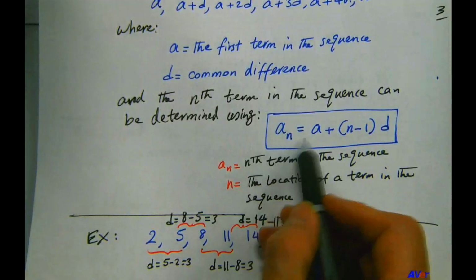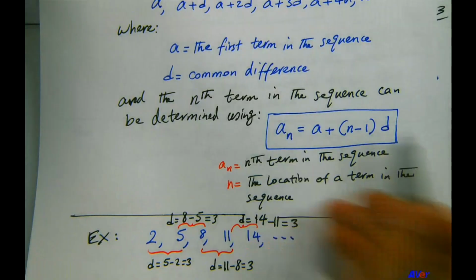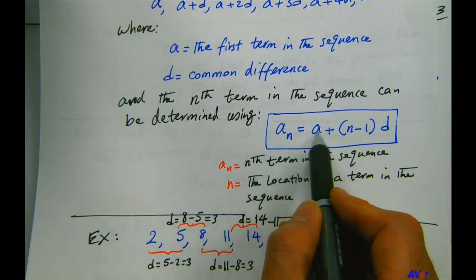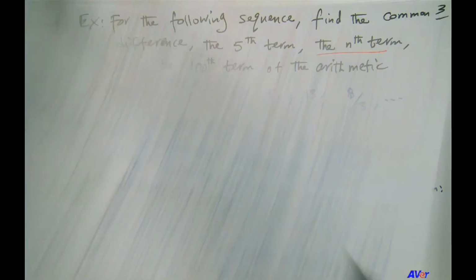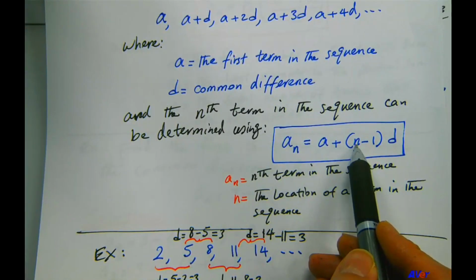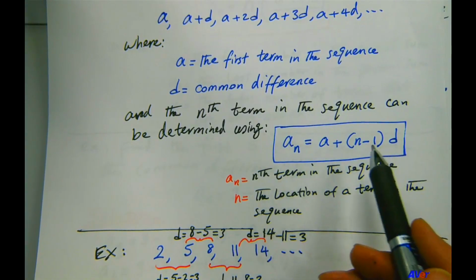They have this form: a_n equals a plus (n minus 1) times d. So let's use that to find the fifth term, because we already know the first term, which is 7 over 6. And then n would be 5, and d we know is 1/2. So we can find a_5.